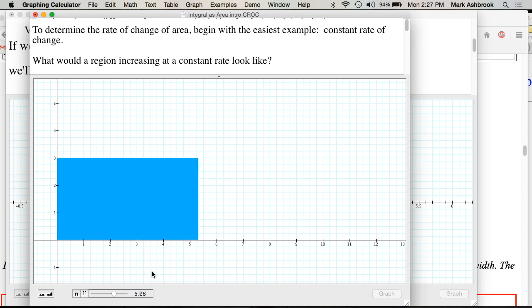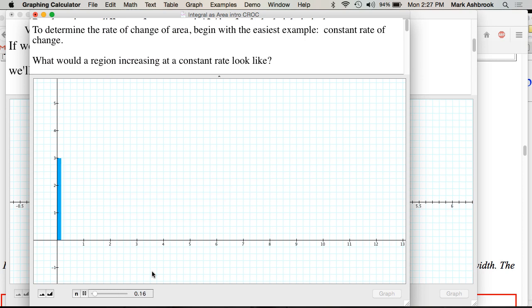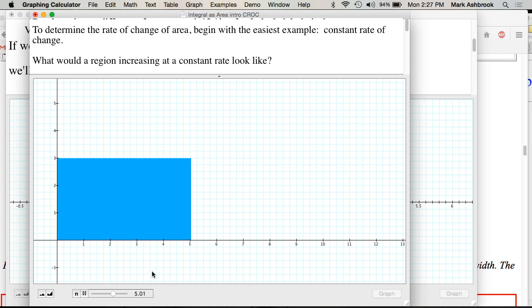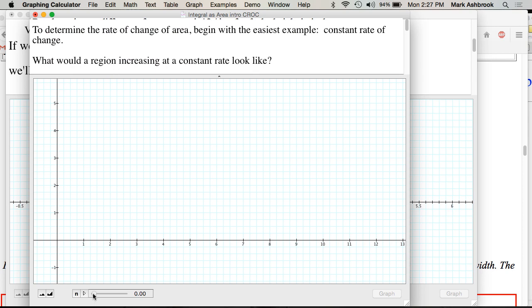All right, so here is an example of a region whose area is increasing at a constant rate. Would you agree? Okay. How about now? Watch this. Ready?